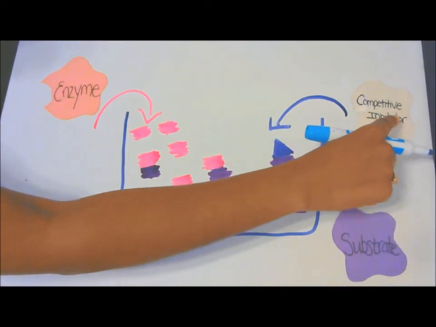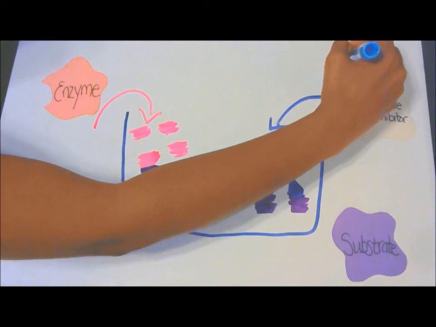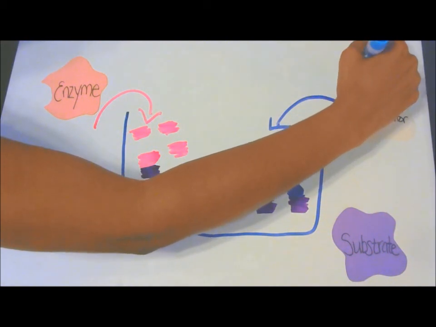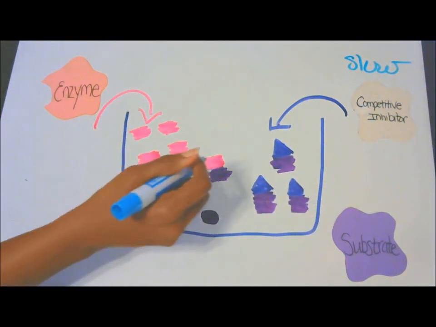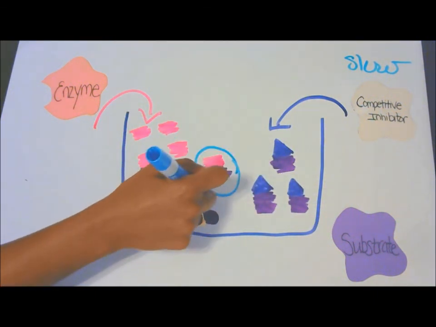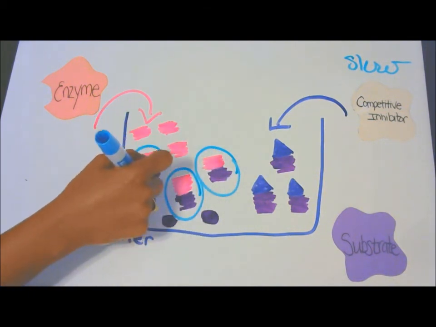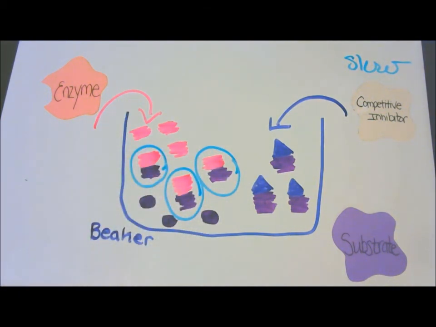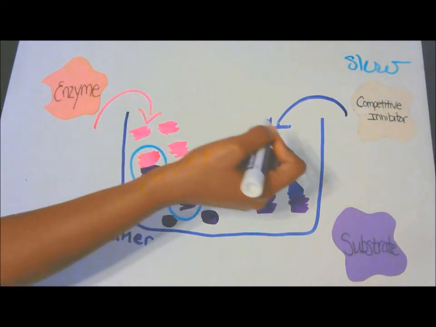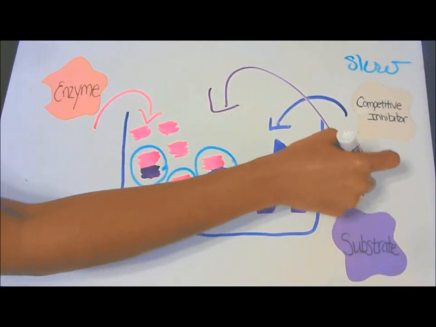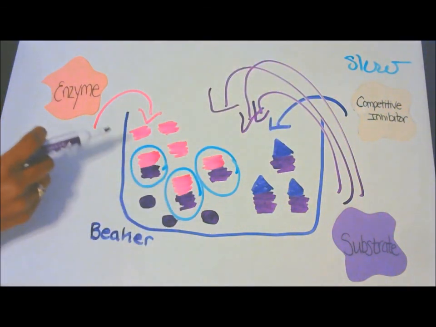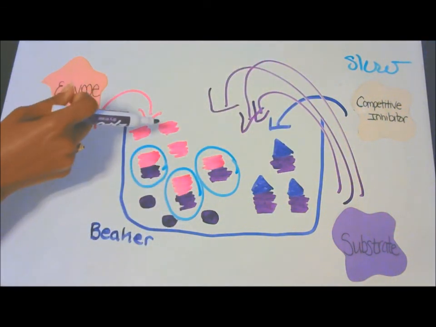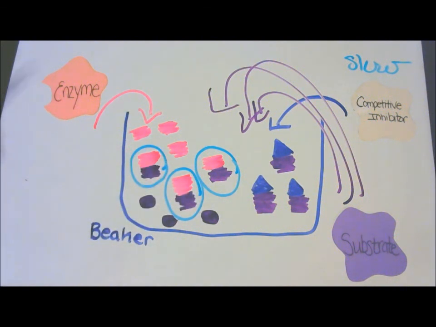So the purpose of the competitive inhibitor is to slow down the enzyme substrate complex. How can you combat reversible competitive inhibitors? Well, add more substrate. If there's more substrate in your beaker, then the enzymes have a better opportunity to make enzyme substrate complexes.